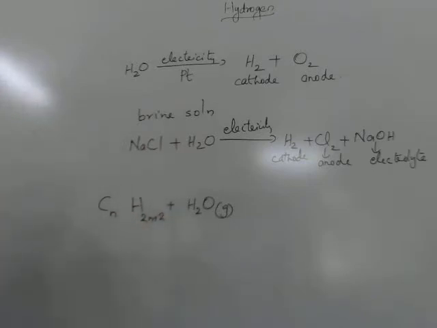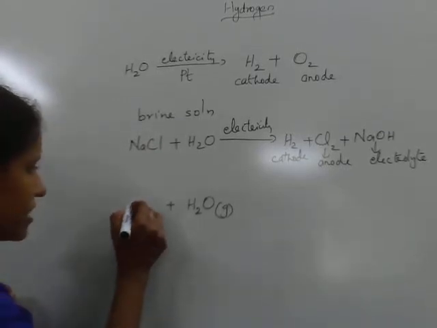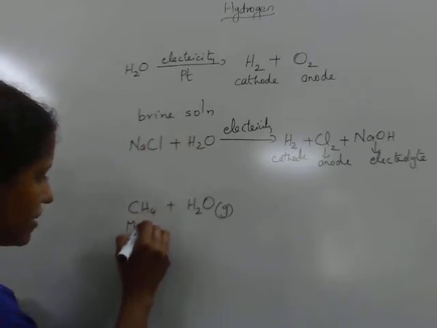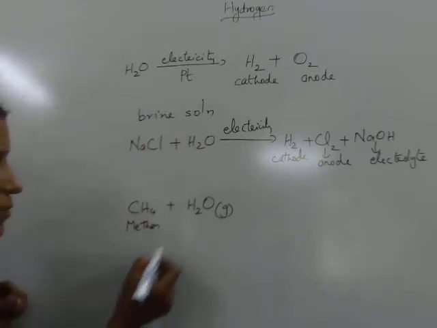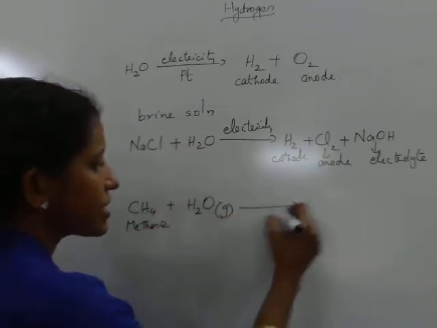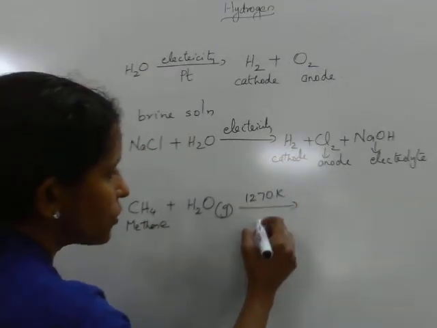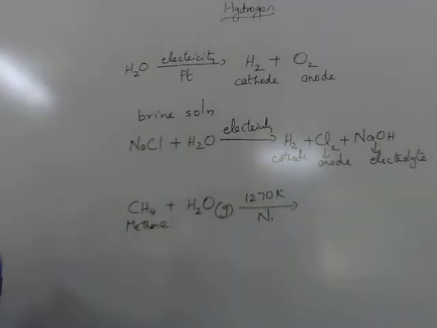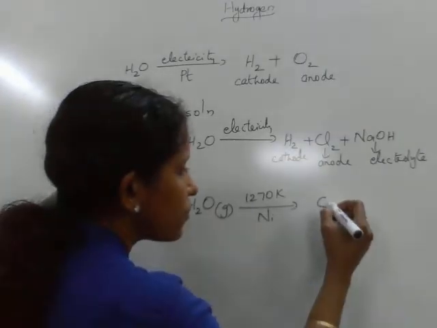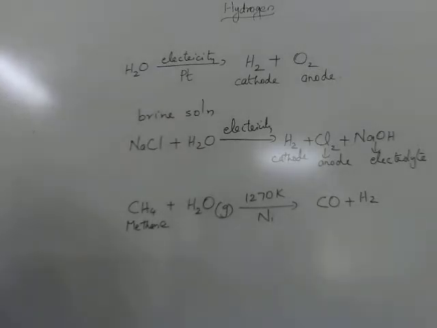For example, the simplest alkane is CH4, methane. Reaction of steam on methane at a temperature of 1270 Kelvin using a nickel catalyst gives a mixture of carbon monoxide and hydrogen. So this is another method to prepare dihydrogen.